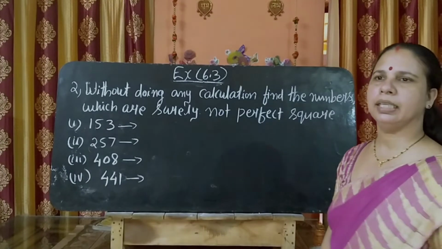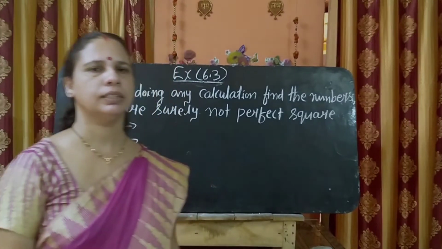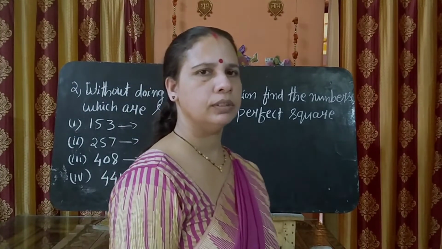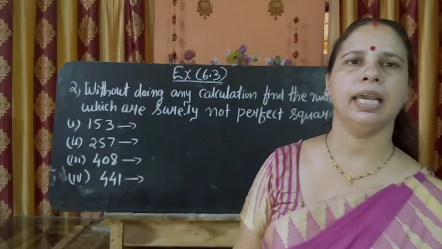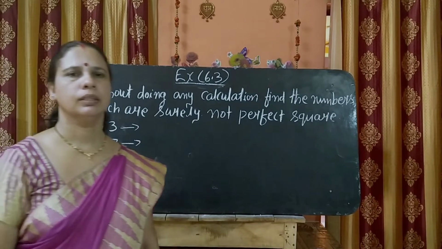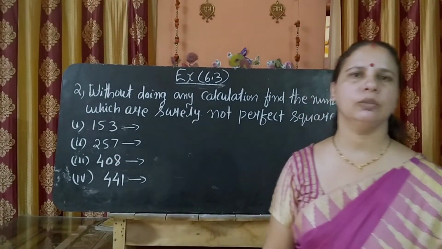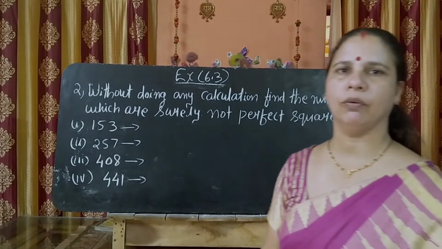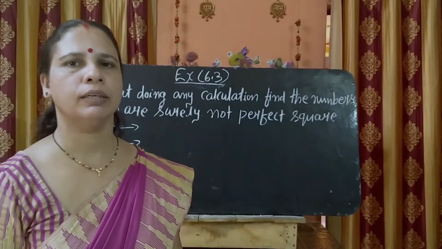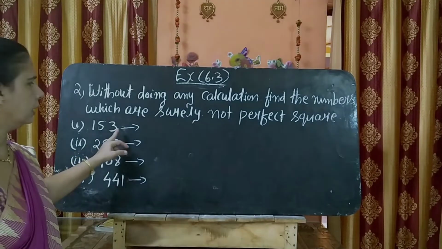We already learned that a number will be a perfect square if its unit place is 1, 4, 5, 6, 9 or even zeros. Once more, if a number will be a perfect square, its unit place is 1, 4, 5, 6, 9 or even zeros. First question is 153.